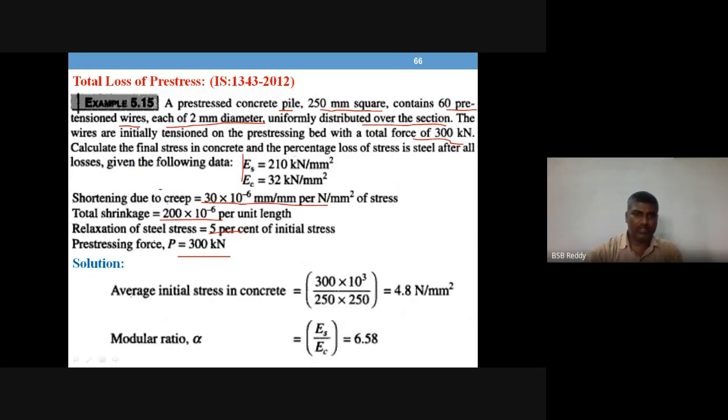So let us calculate the initial stress in concrete, just force divided by area. It is a square section, 250 by 250, so 4.8 Newton per mm square. Modular ratio is ES by EC, ES is 210 by 32.